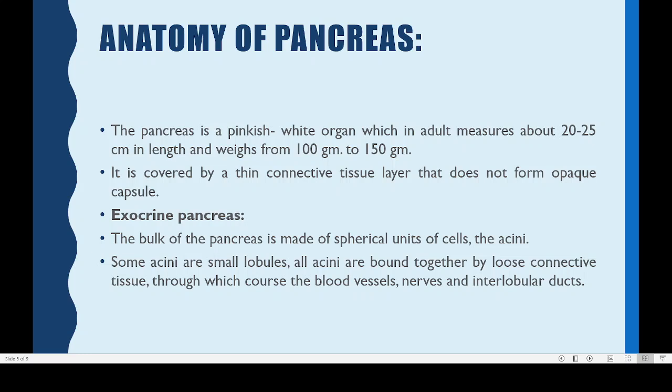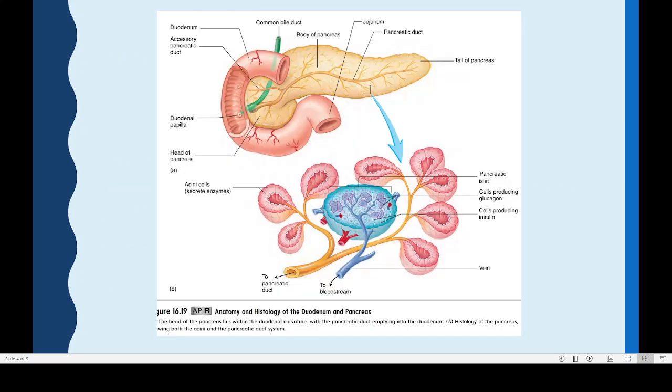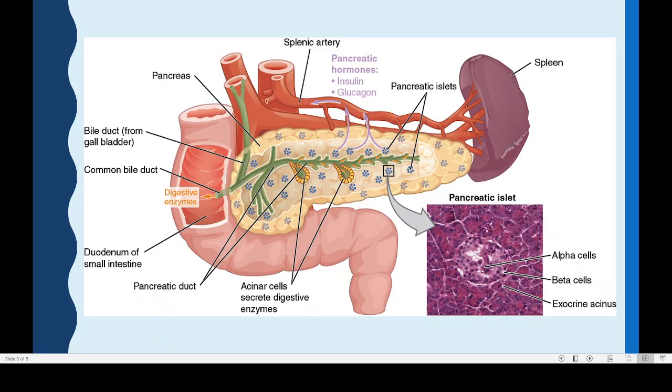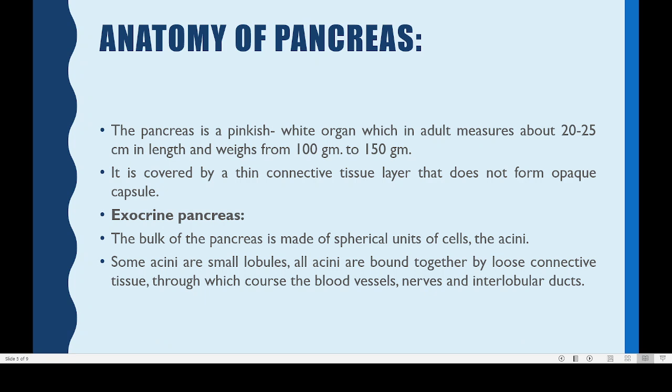Now coming to the main area, that is the exocrine region of the pancreas, called the exocrine pancreas. Most of the pancreas is actually formed of the exocrine region, and it consists of small spherical units of cells.